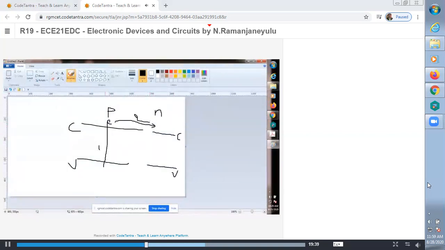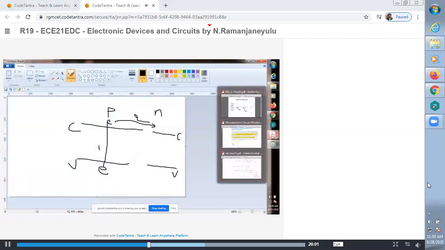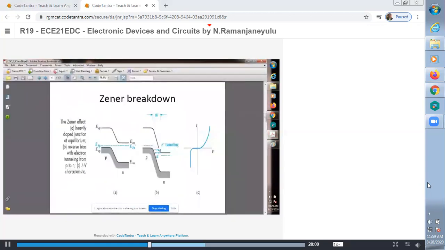So the normal procedure is that the electron here first moves into the conduction band in the P side, then the conduction band electron in the P side moves into the conduction band in the N side. That is the normal procedure. But due to the heavy doping as well as the very small depletion width, the electron directly moves from the P side valency band to the N side conduction band.